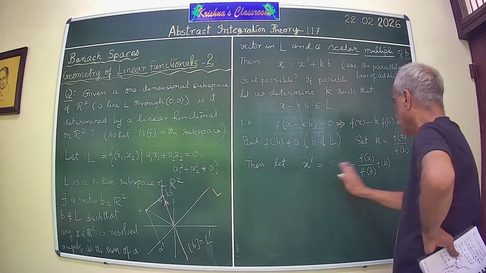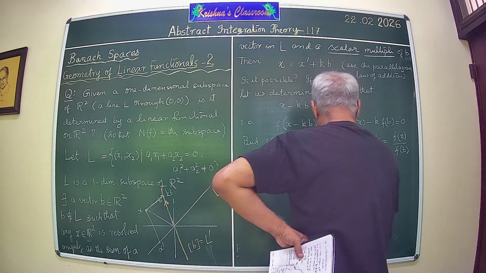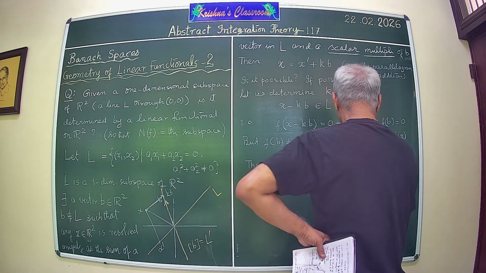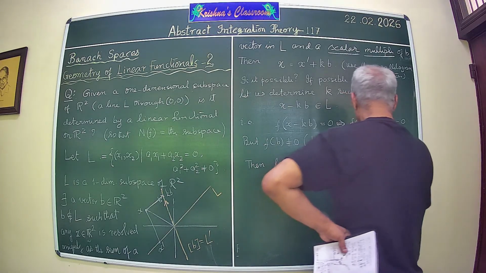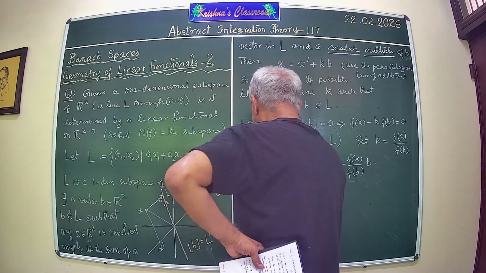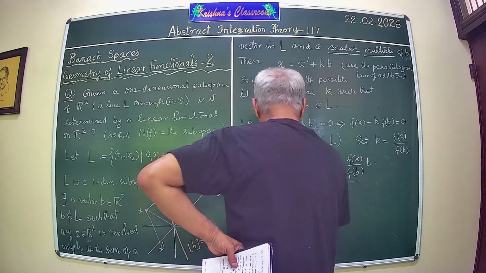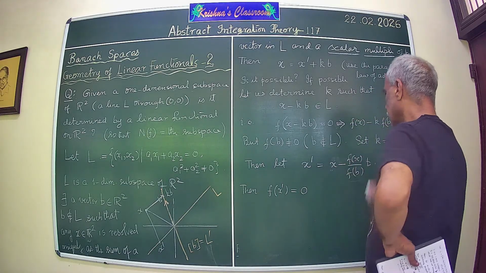sorry, x prime equal to x minus k b, then f of x prime equal to 0, because you just compute this.